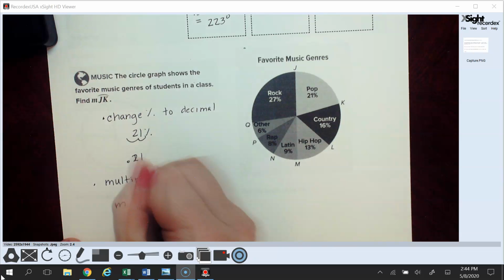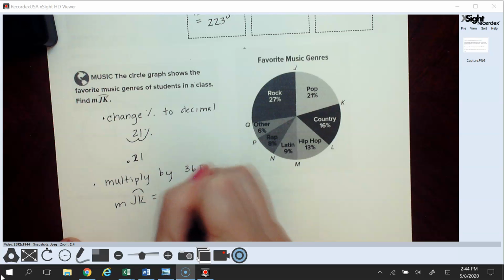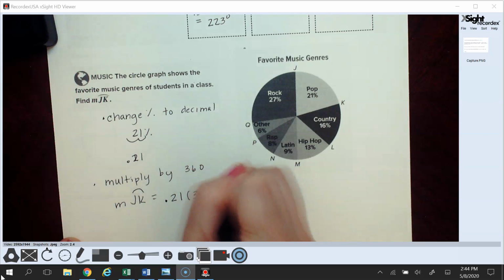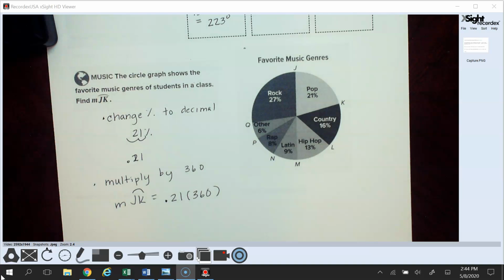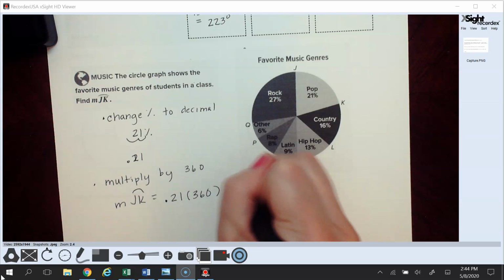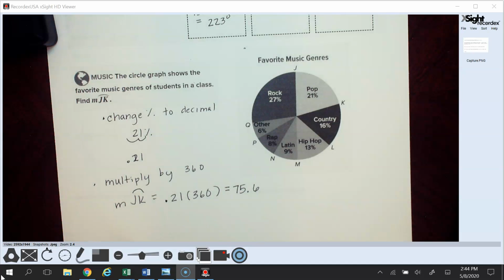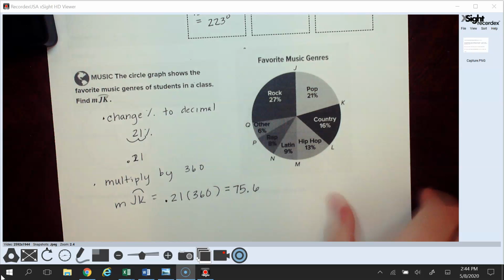To get the measure of JK, I'm just going to take that 0.21 times 360, and that's going to tell me how many degrees are in JK. So I'm getting 75.6. Had they asked for the measure of JQ, you would have taken 0.27 times JK.